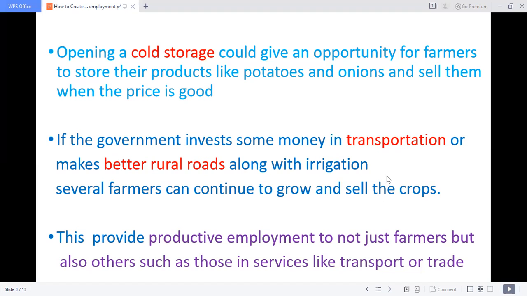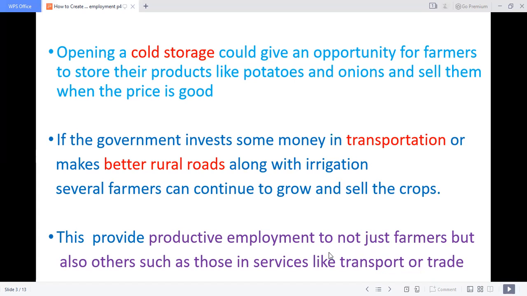This employment is not only a productive employment opportunity for the laborers and the farmers, but it also increases the opportunity in transport and trade. If the rural roads are provided along with cold storage and transport facilities, the produce should be transported.